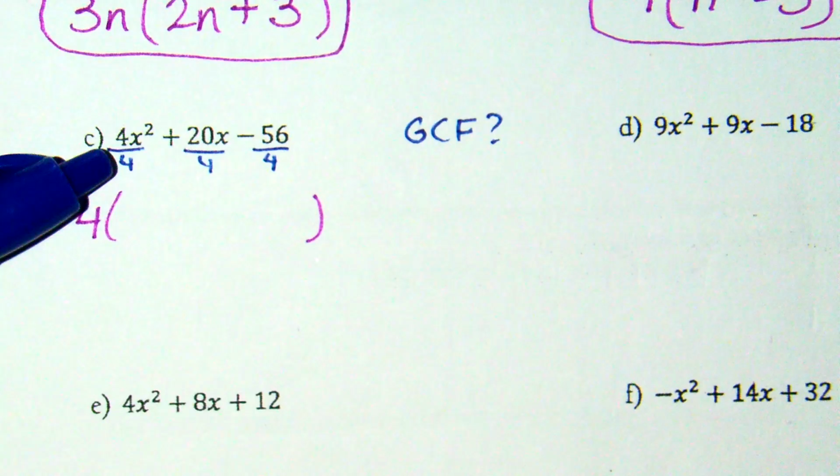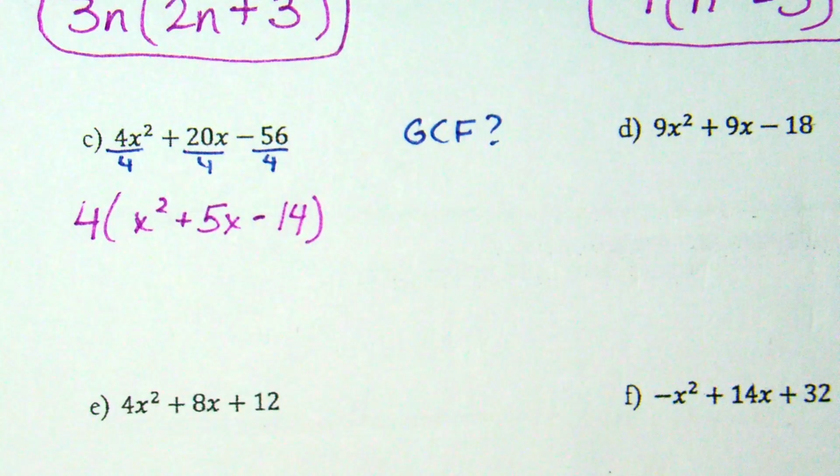And so 4x squared divided by 4 becomes x squared, plus 20x divided by 4, 5x, minus 56 divided by 4, 14. Now, after you get a GCF factored out, your question should always be, am I done? Am I done factoring? Or is there more factoring I could be doing?